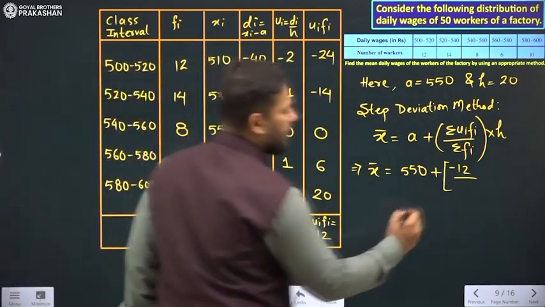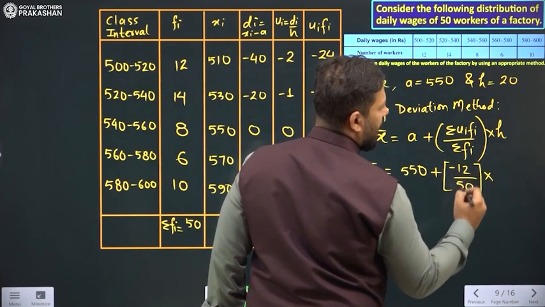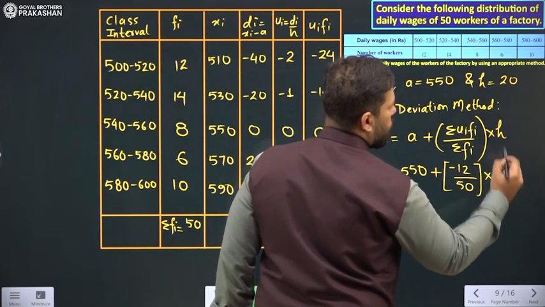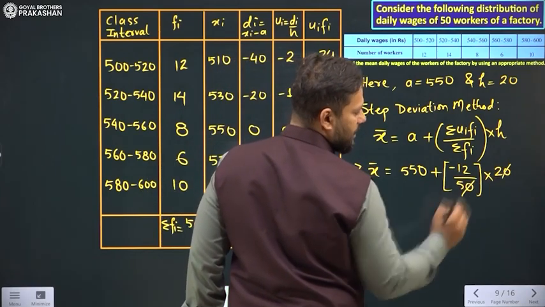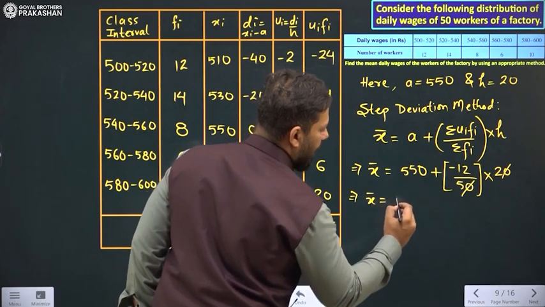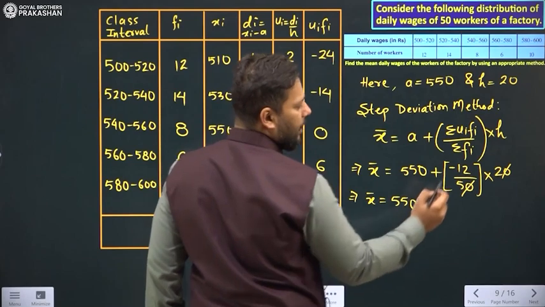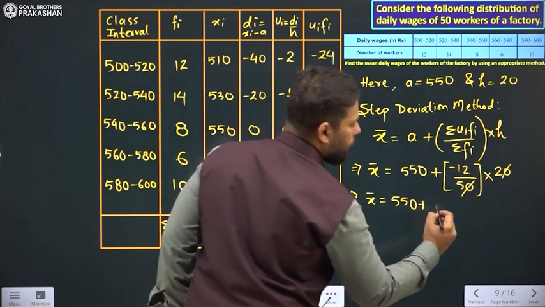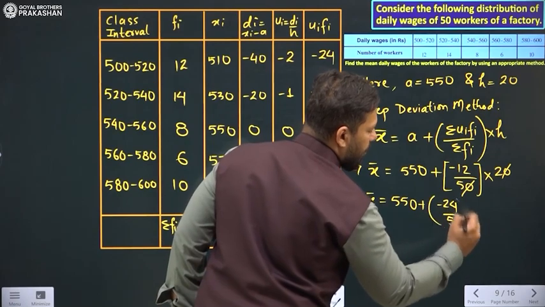It is 50, and this needs to be multiplied with class height, that happens to be 20, you may see over here. So if I do this, 0 cancels 0. So what are we left with? We have the mean as 550 to be added with minus 12 times 2 would be minus 24. That still needs to be divided by 5.